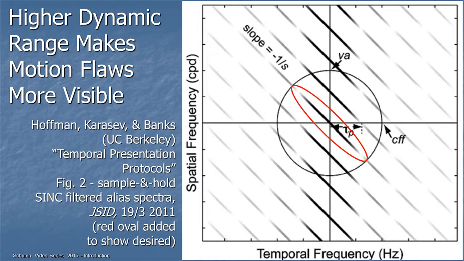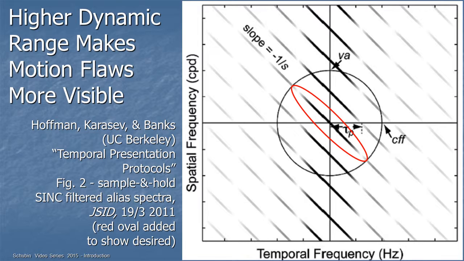But you'll see that there are many other lines, and some of them are visible inside that black circle, and those produce what are referred to as motion aliases, or things that you're not really supposed to see, but you're seeing. But notice that the lines are not of equal density.